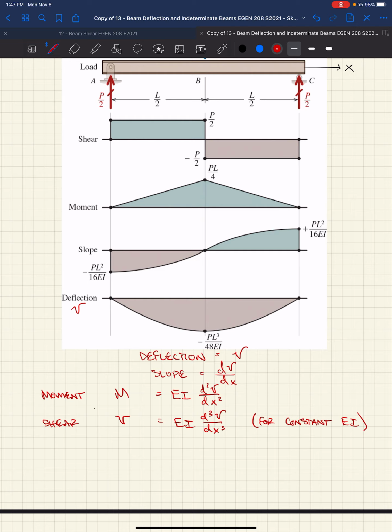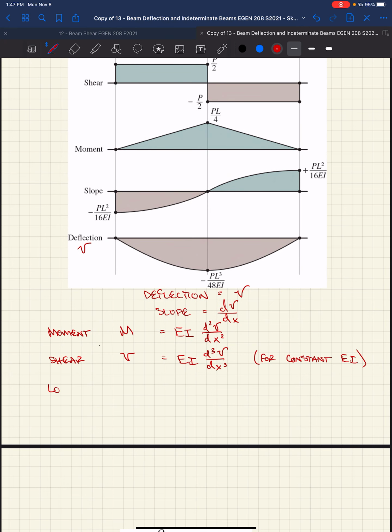Modulus of elasticity, E, is the stiffness of just the material, right? Our stress strain diagram we talked about early on. And then the moment of inertia, as you guys knew in 203 and how we've worked it through in 208 here, right? It's essentially the stiffness or resistance to rotation of the cross section. So the EI is stiffness based, so it has to be constant throughout the length.